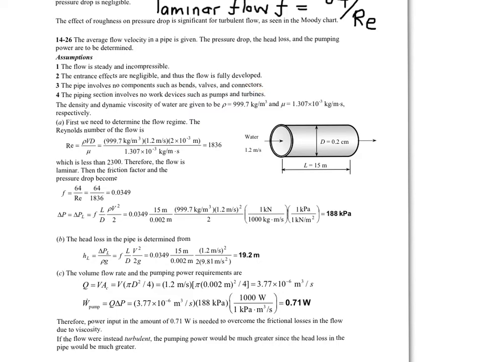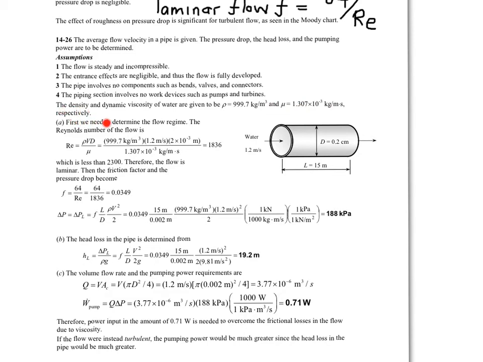It's rather simplistic, but it focuses us on looking at the core requirement for calculations. The piping section involves no work devices such as pumps and turbines. In other words, there is no head input or head output.